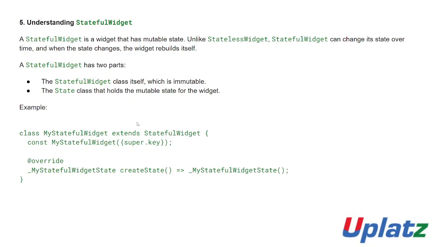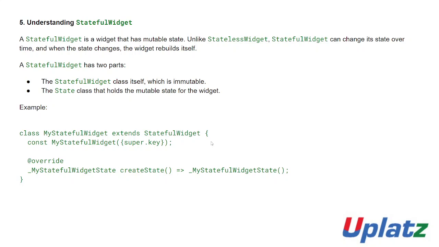This is of type StatefulWidget. It extends that class. There we have to call the super, then const StatefulWidget, then within the second bracket, this is a shorthand, otherwise you have to write colon super.